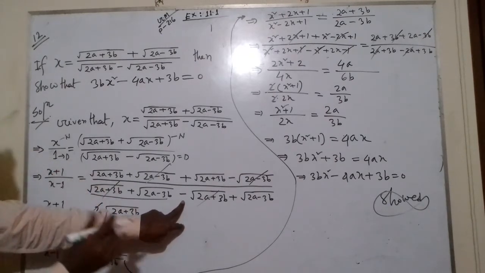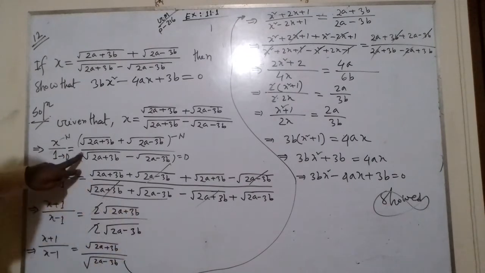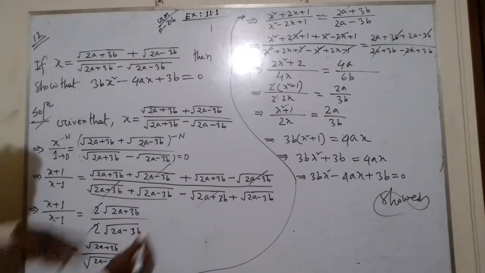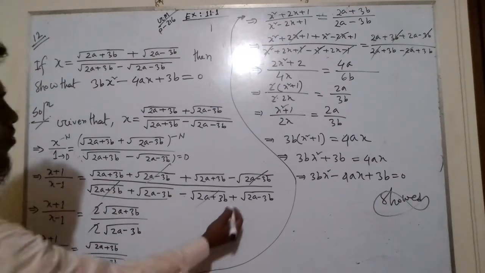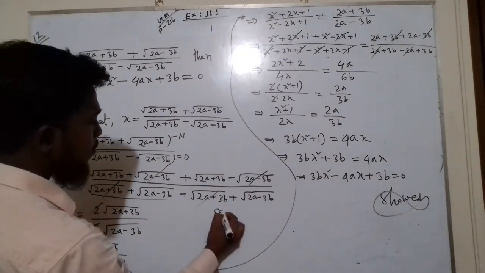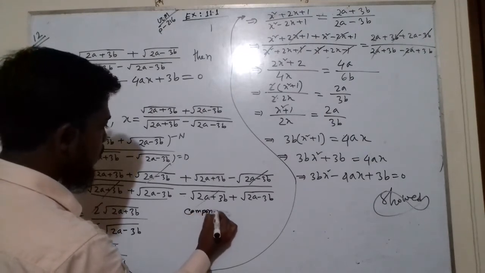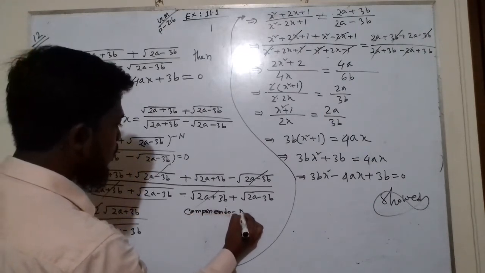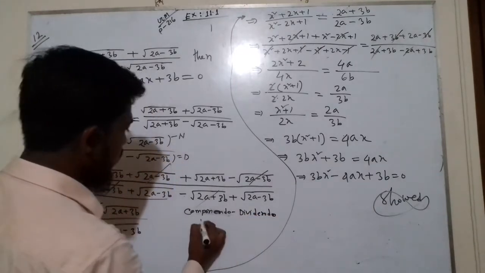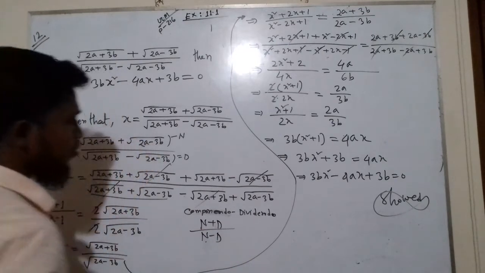If we multiply minus by minus, it is plus. This is the law of componendo and dividendo: numerator plus denominator divided by numerator minus denominator.